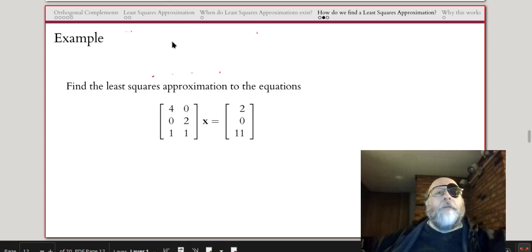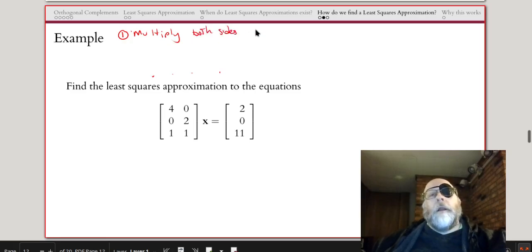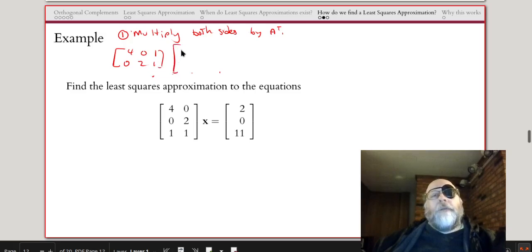Okay. So let's give this a try. We're going to multiply both sides by A transpose. So that's going to be [4 0 1; 0 2 1] times [4 0; 0 2; 1 1] x equals [4 0 1; 0 2 1] times [2; 0; 11].